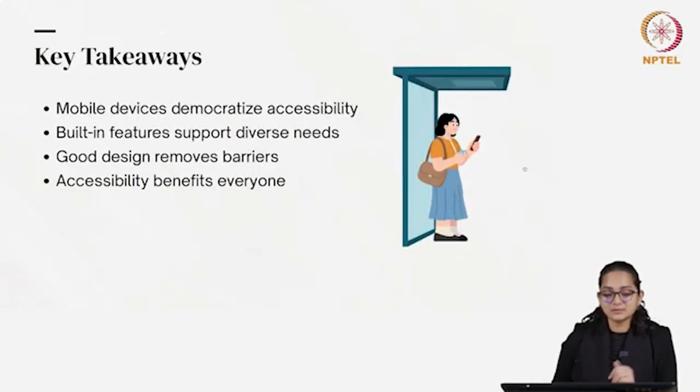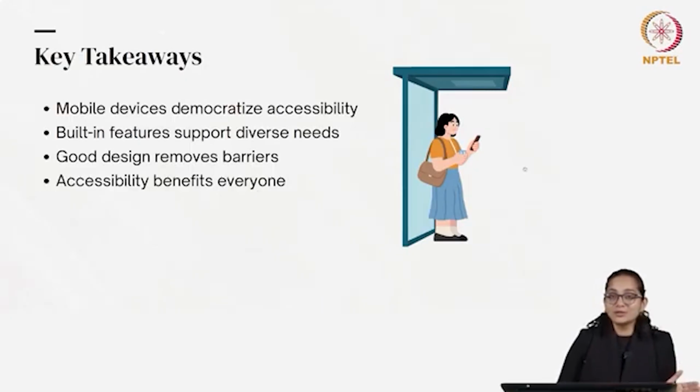So that is it. Some of the key takeaways from this session are that mobile devices can democratize accessibility because they are largely available to everyone across the board, be it a remotely located person or a person from a high income to a low income strata. Everyone is carrying a device, and that is a very strong aspect which we, as developers, can leverage.